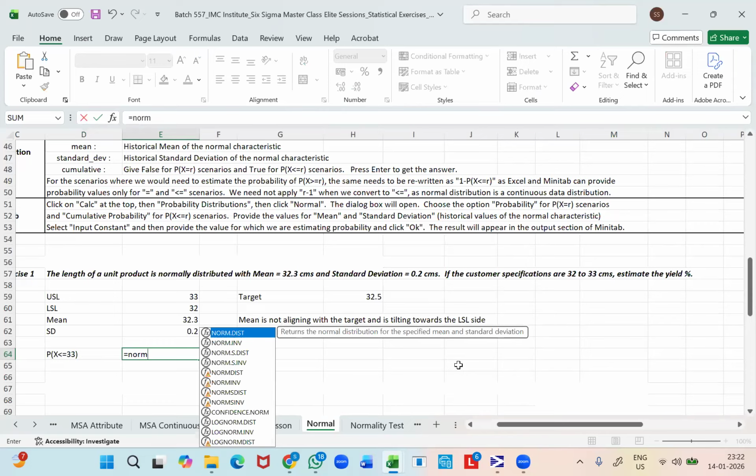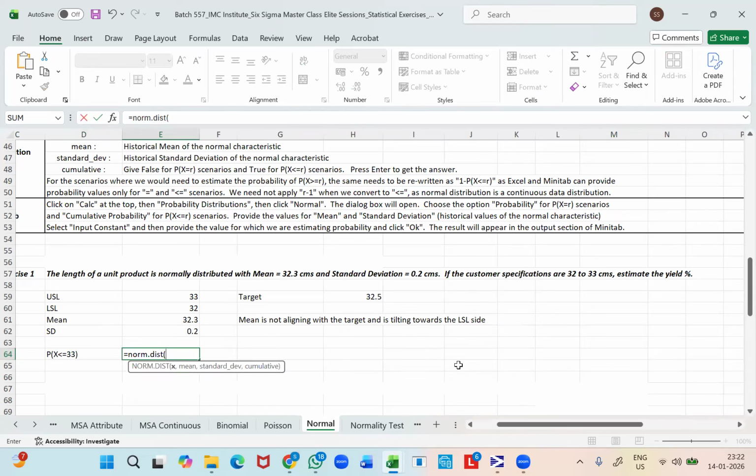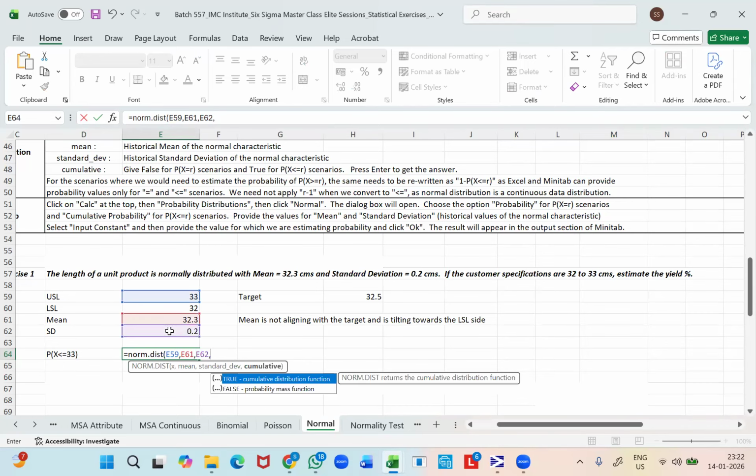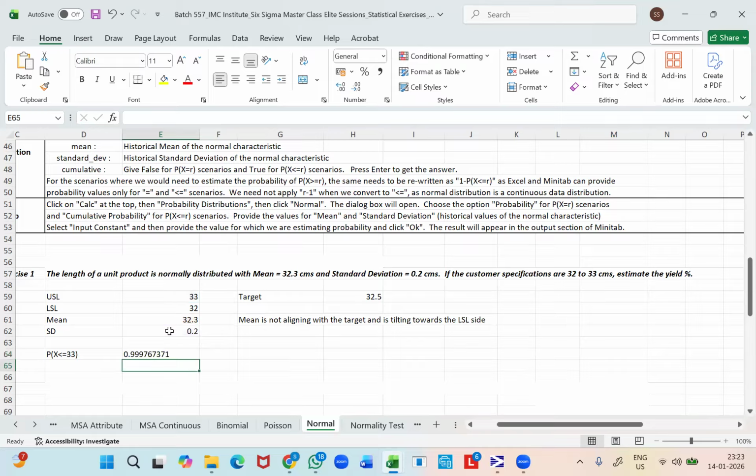It is equal to NORM.DIST, open bracket, x will be the USL value, which is 33, comma, mean is 32.3, comma, standard deviation is 0.2, comma, cumulative, as I told you, will always be true, because you'll be dealing mostly with less than or equal to scenarios for a continuous data probability distribution. So you get the entire area to the left of 33.